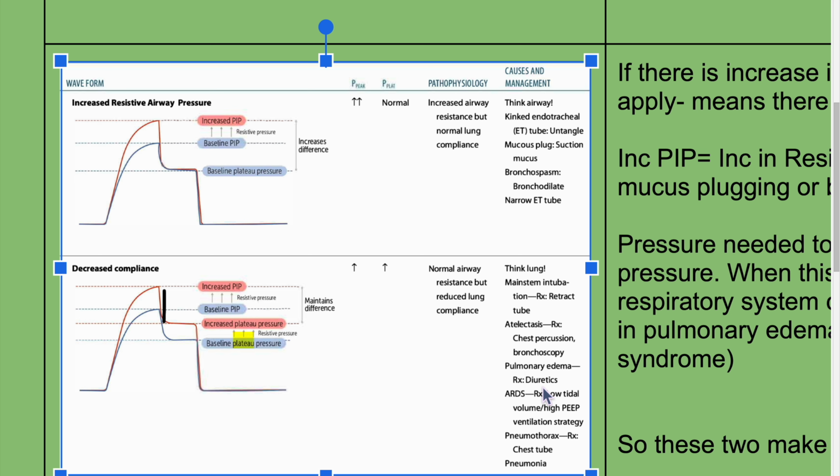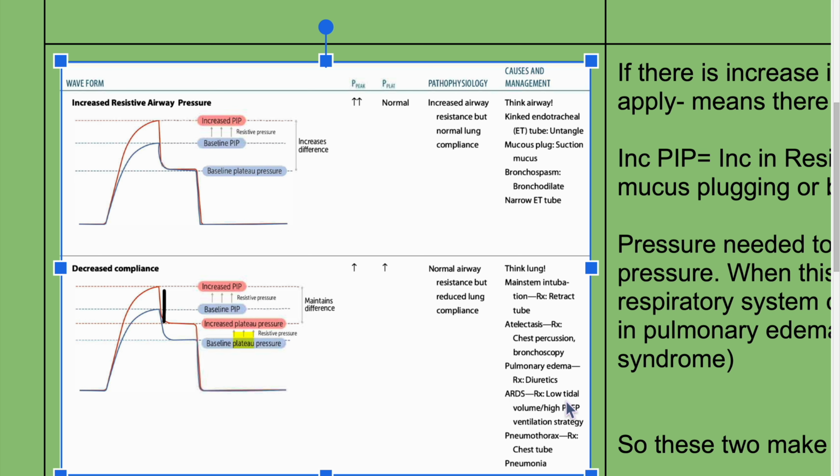Here you do diuretics. ARDS, you manage it with low tidal volume or high PEEP. Okay. Ventilation strategy, and this is an important one because this gets tested on individually as well.